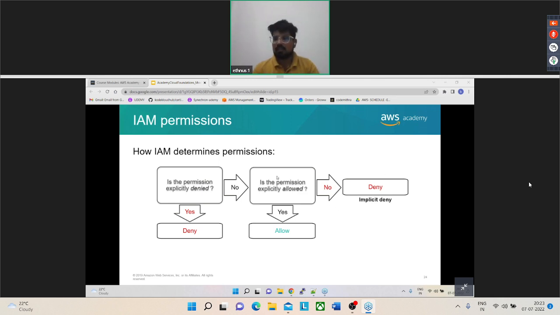If no policy is attached to a particular user, he cannot do anything. It is implicitly denied. I hope you understood how the policy works. First, it checks for explicit deny because that has the upper hand and more power. So if something is explicitly denied, that will be denied for his user account.